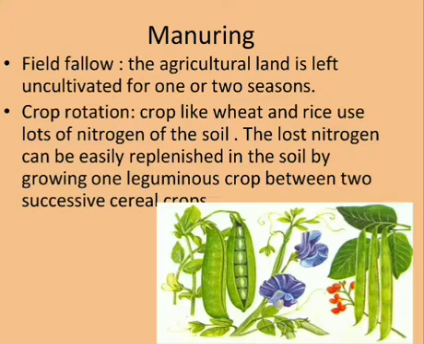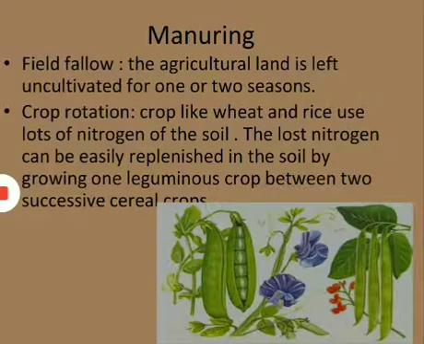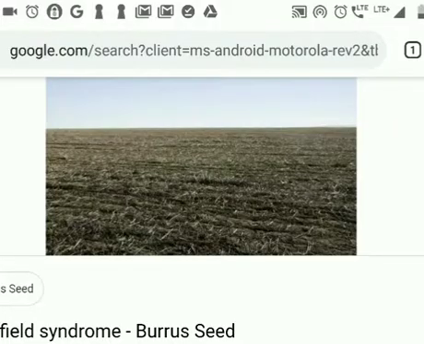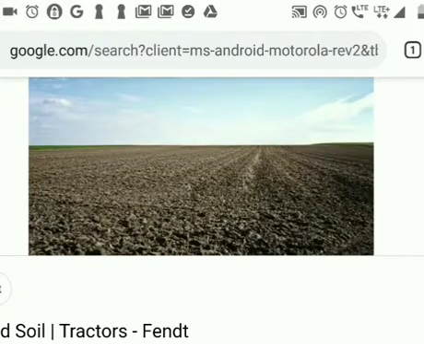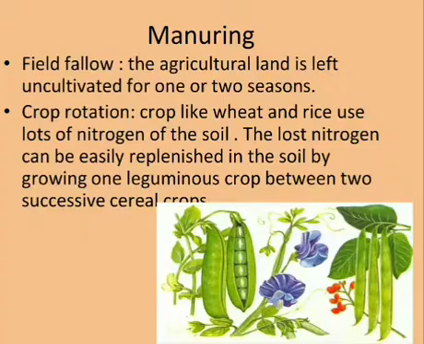Dead animals and plants accumulate on the land and are decomposed by microbes. This is the way the nutrients are replenished in the soil. In this way, the fields are left for some period of time. This is called field fallow.